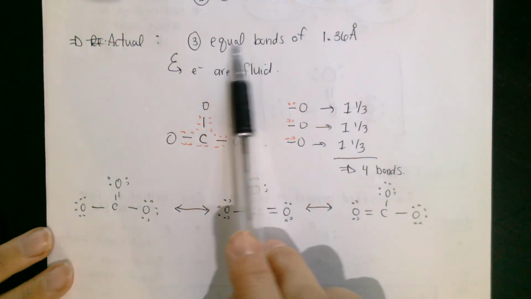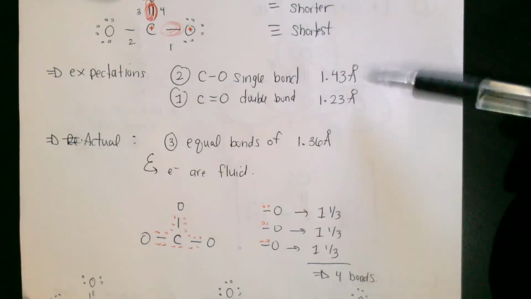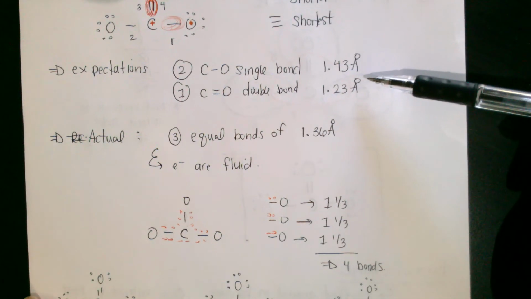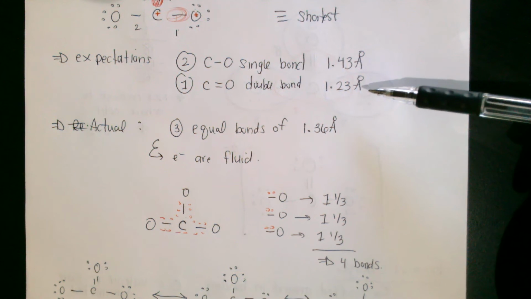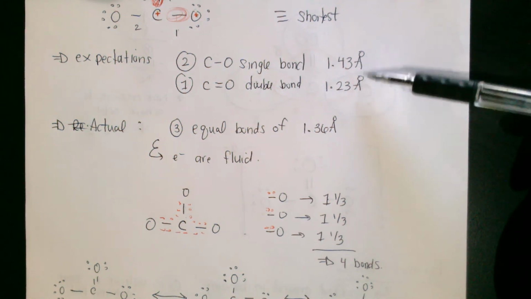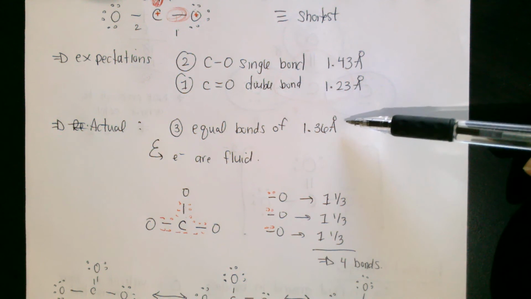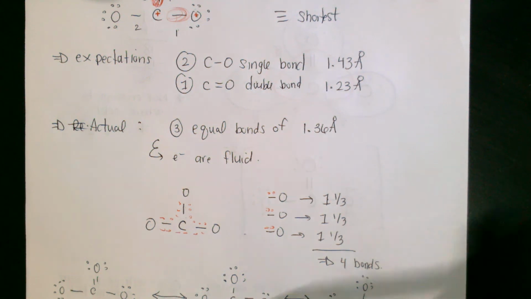We've actually measured that there are 3 equal bonds, which fall right in between what we've measured for a carbon-oxygen single bond and a carbon-oxygen double bond, where those electrons aren't fluid and are localized. So we do know these bond lengths, and what we measure here is somewhere right in between, suggesting an equal length of a 1 and 1/3.